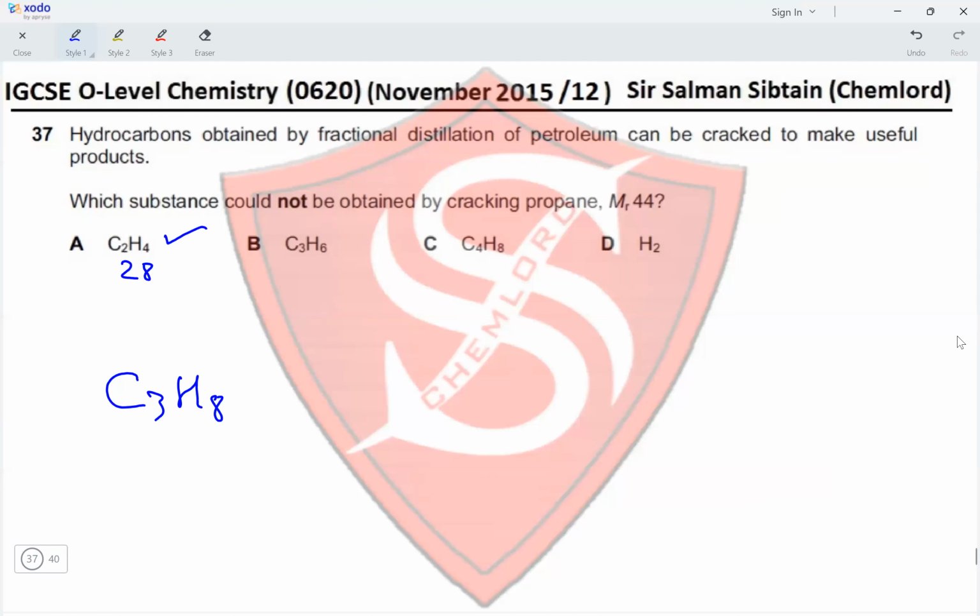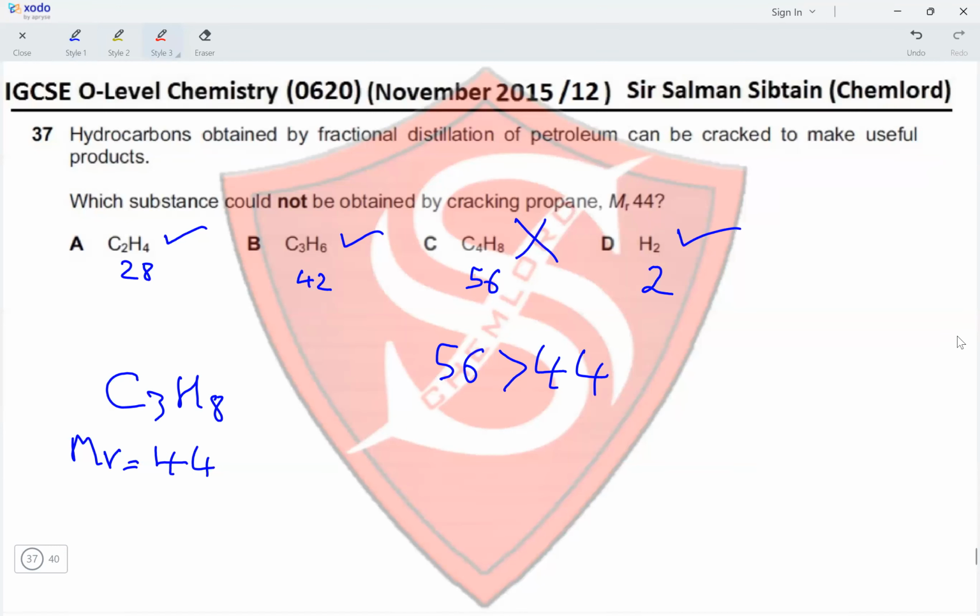C3H6, 12 times 3 is 36 and 6 is 42. This is correct as well. Next, C4H8, 4 12s are 48 plus 8 is 56. So 56 is greater than 44, making this incorrect. And the last one, hydrogen, which has an Mr of 2, this is also correct. Therefore, option C is the correct option for this question.